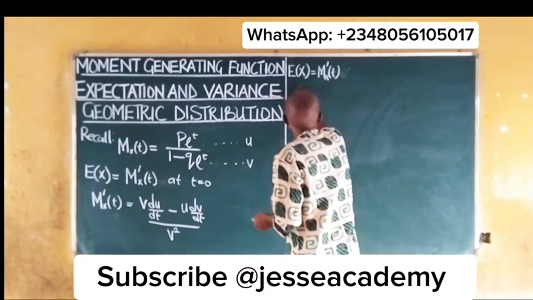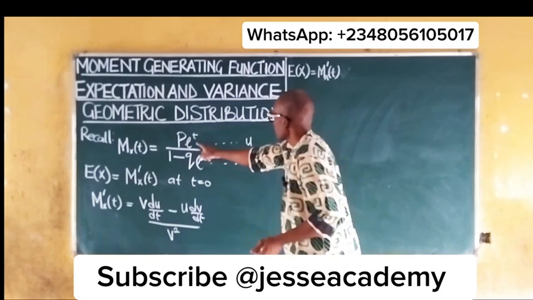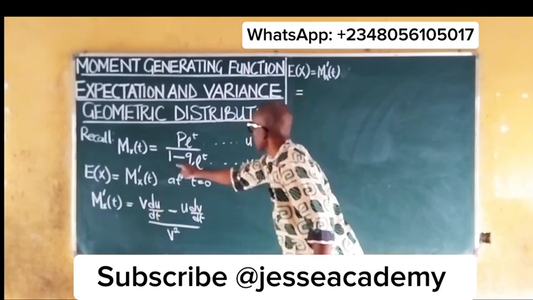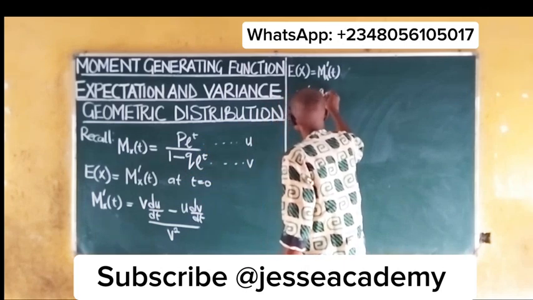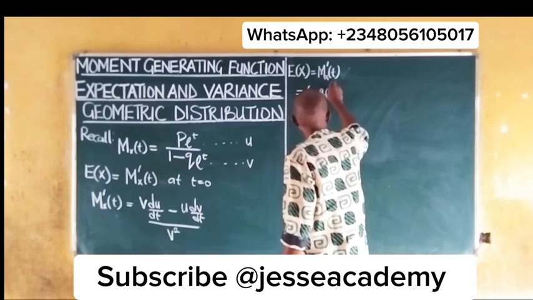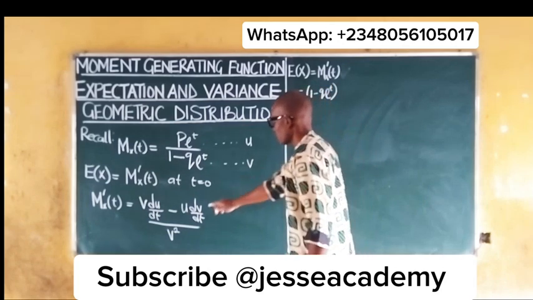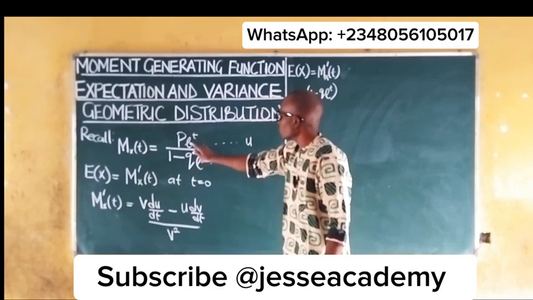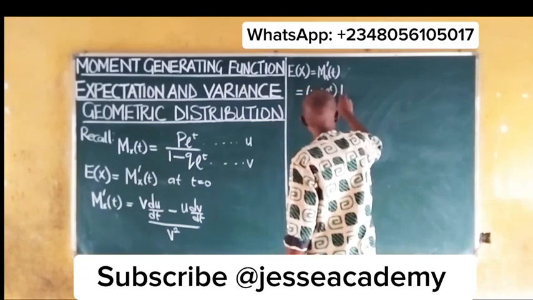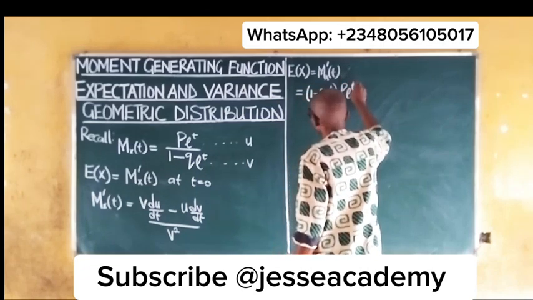Now the first derivative will be equal to, here we have v, which is 1 minus qe^t. We have du/dt. If we differentiate u, we get the same function, so we have pe^t.